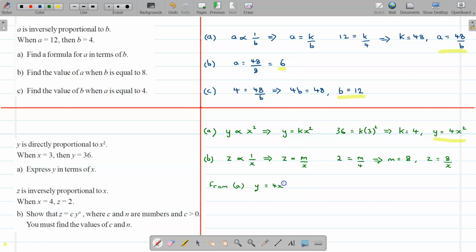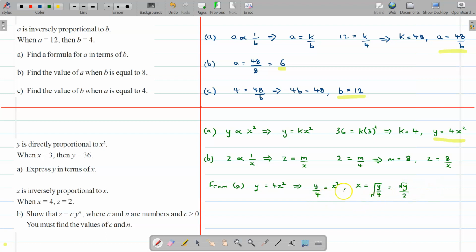If we divide both sides by 4, y over 4 would be x squared. And therefore x would be the square root of y over 4. And because it's the square root of the whole fraction, I can write that as root y over root 4, and root 4, of course, is 2.